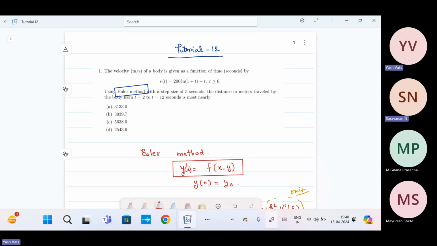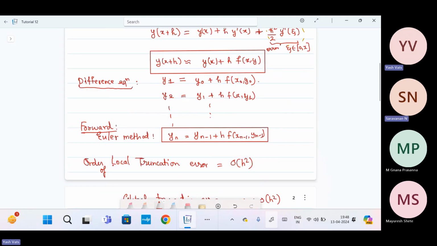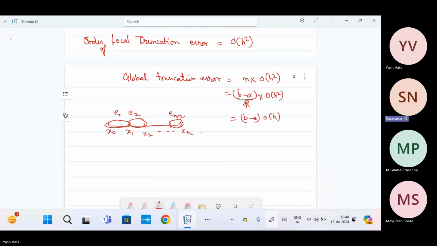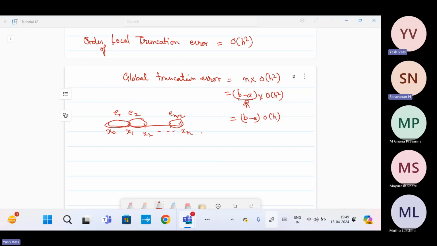Okay. Yeah. In the last assignment, there was one question with respect to this global truncation error. If a function is given, f of x is x cube, we have to find the global truncation error by the trapezoidal rule.